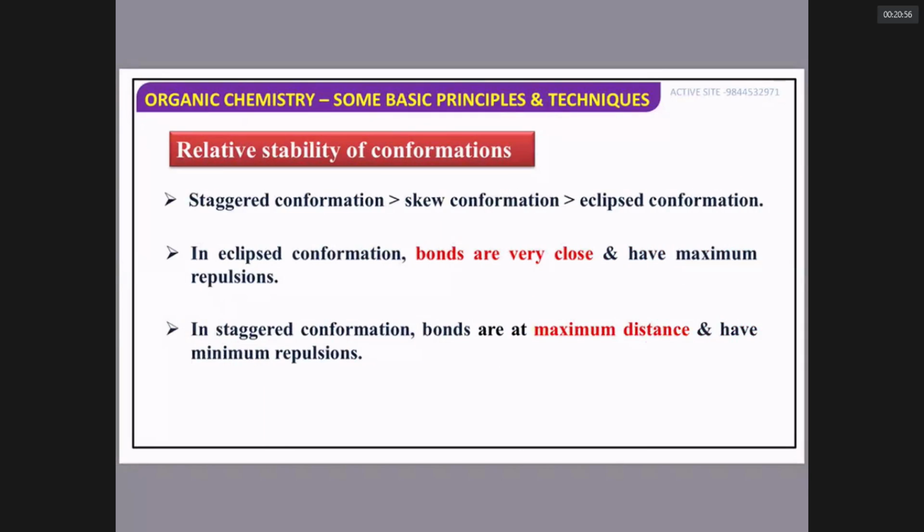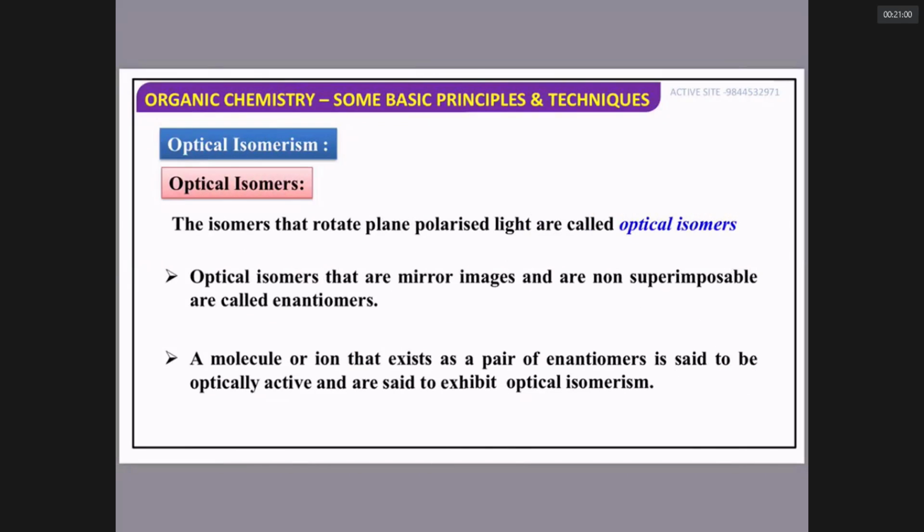Do we know that? Now, optical isomerism means what? A pair of isomers which have an object and image relationship and rotate plane polarized light in different directions are optical isomers. Optical isomers that are mirror image and object forms, which don't cover each other, are called enantiomers.